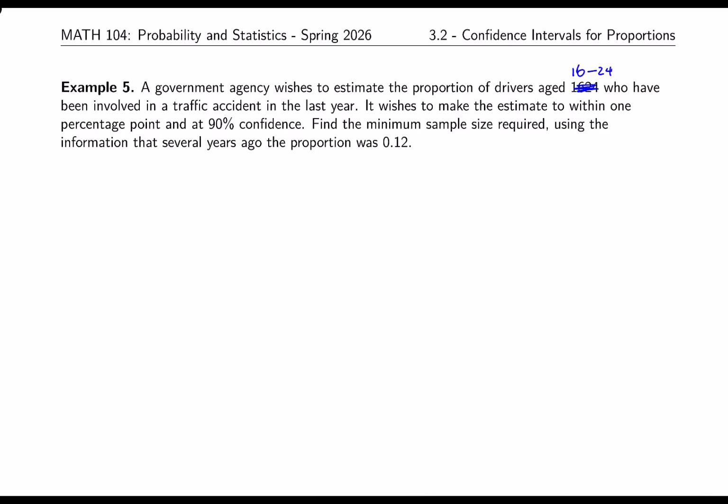Okay, so look for what you're being asked to do. You're being asked to find a minimum sample size required. We have a couple of formulas here for minimum sample size. It's based off of the statistic used. In this case, we're dealing with proportions, so we want to use the proportions formula.